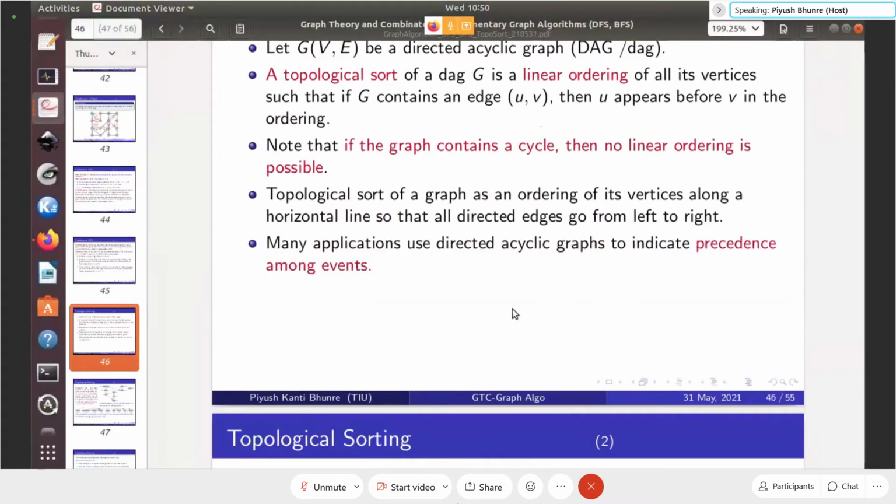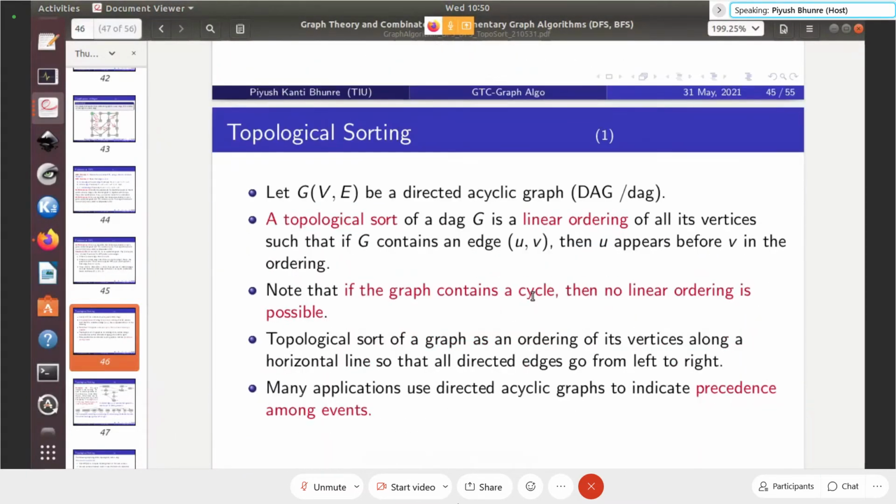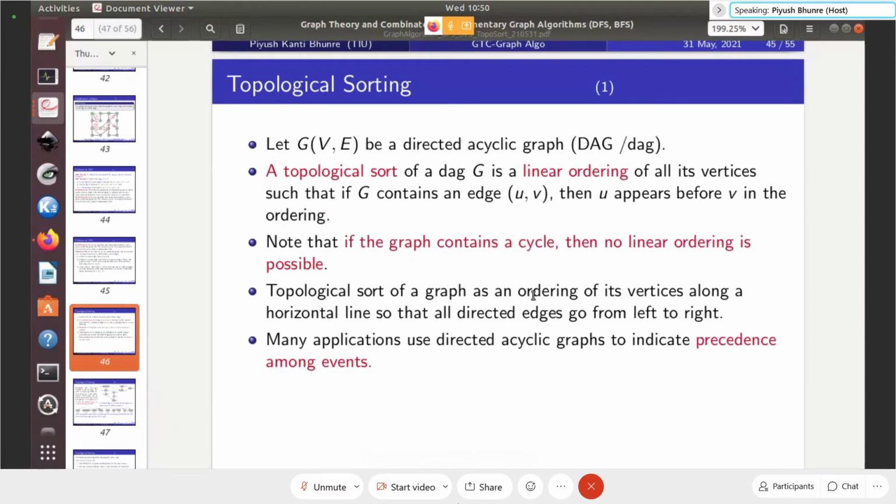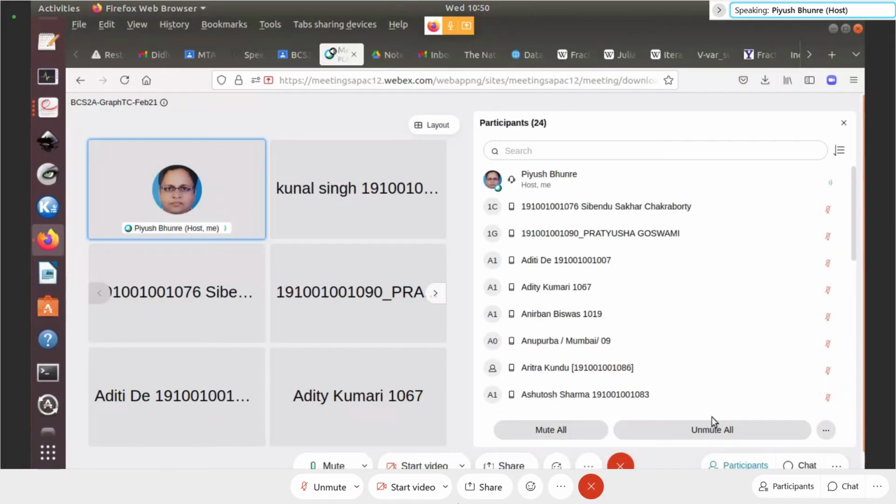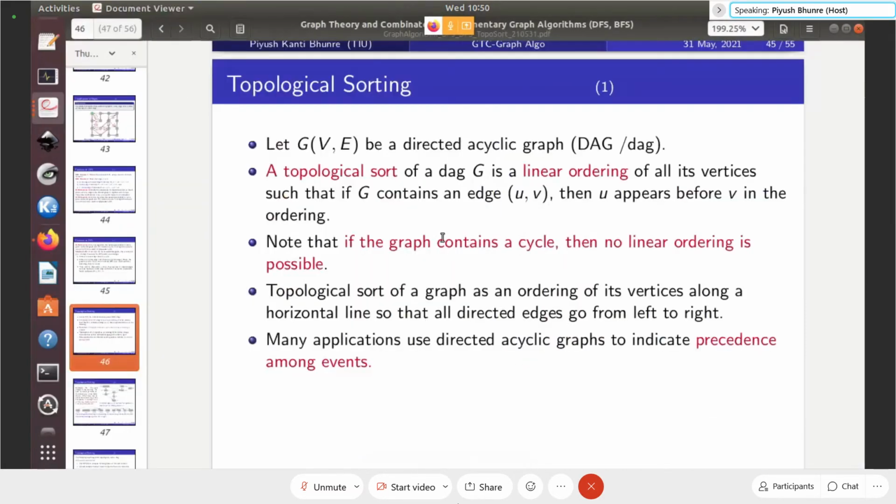Okay, very important. Now we see another application of depth first search that we call topological sorting. You have seen the sorting of numbers in your data structure course, right? Sorting means, given a sequence of numbers, you arrange them in increasing or decreasing order of their magnitude.